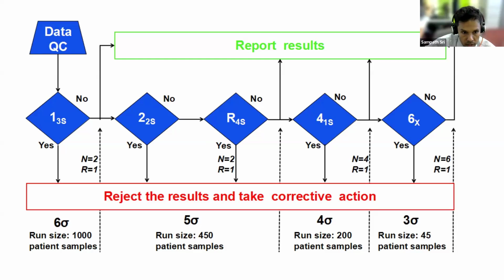If we have 5 sigma, then we have to use 2 rules, and we have to do QCs after each 450 patient samples. If we have very low sigma like 3 sigma, we have to use 6 rules, and we have to run QC after about 45 patient samples.